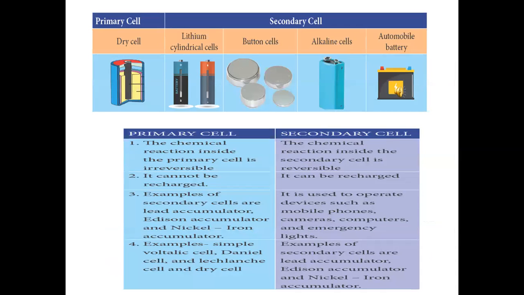Primary cells are dry cells, and secondary cells are lithium cylindrical cells, button cells, alkaline cells and automobile batteries. The difference between primary and secondary cells is that the chemical reaction inside the primary cell is irreversible, but the chemical reaction inside the secondary cell is reversible.